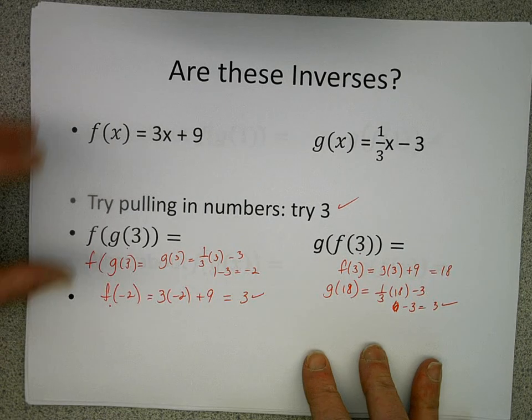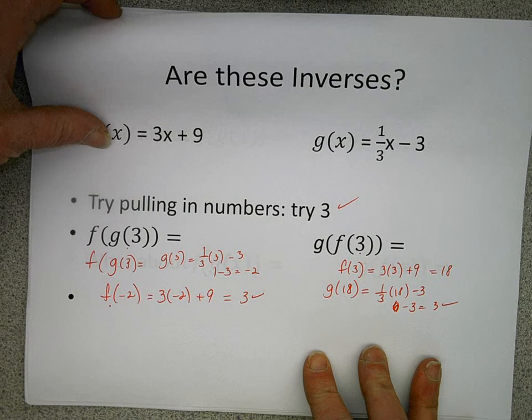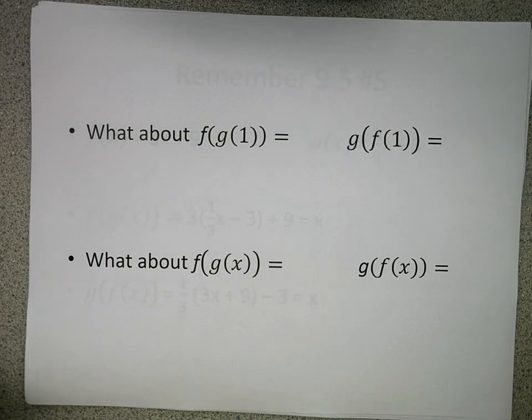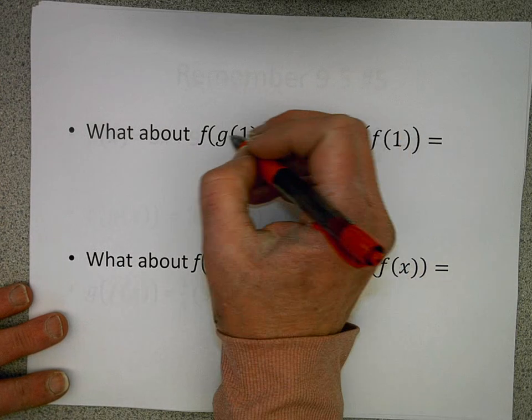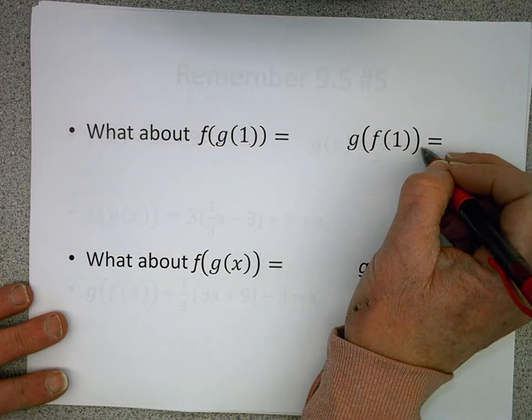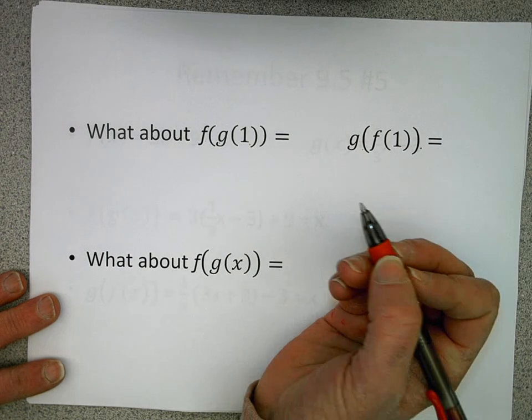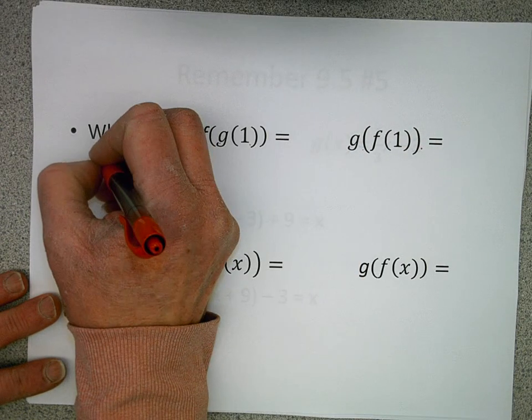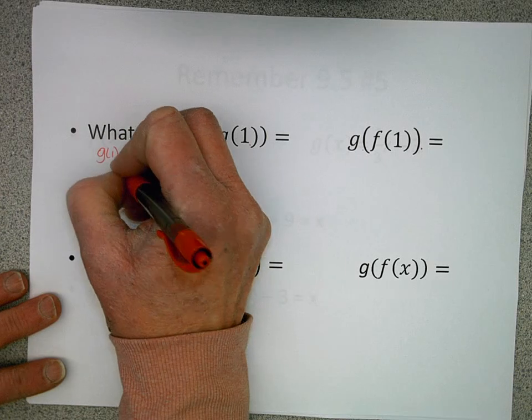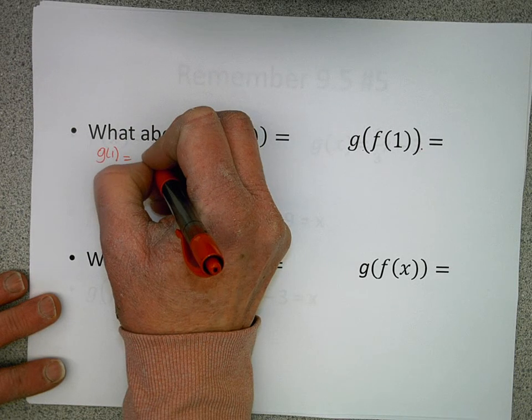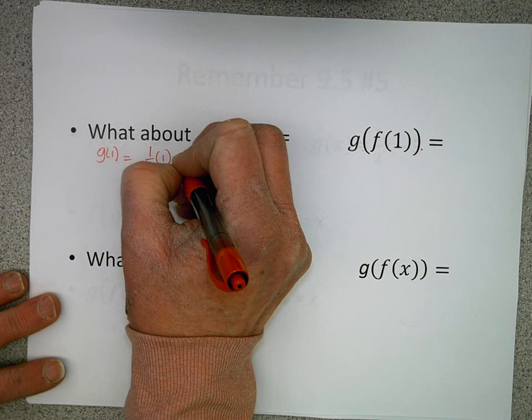Okay? So we'll talk about that a little bit more. So we're going to try it with 1, and then we're going to try it with the function. So we're going to try f of g of 1 and g of f of 1, using the same two equations. If I do f of g of 1, I'm going to do g of 1 first. So I'm going to plug 1 into the g equation. Not so fun because it's a fraction.